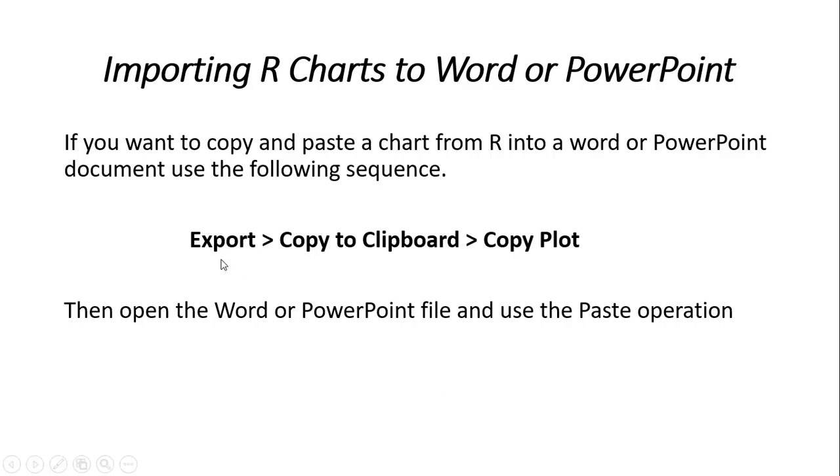We click on export, then click on copy to the clipboard, and click one more time on copy the plot. Then go to your Word or PowerPoint document and use the typical paste operation, and this will allow us to put these charts right into our PowerPoint document.